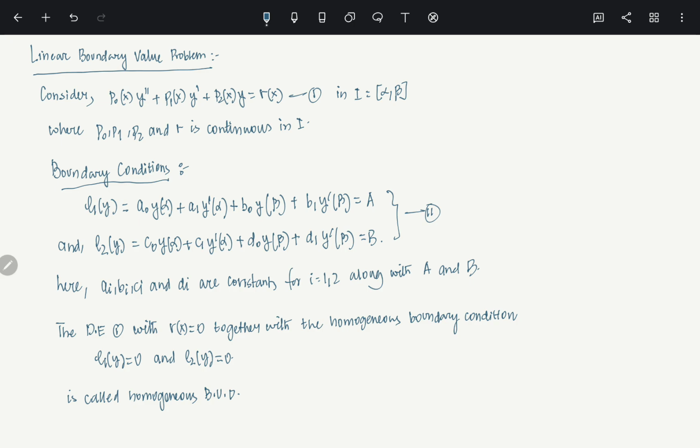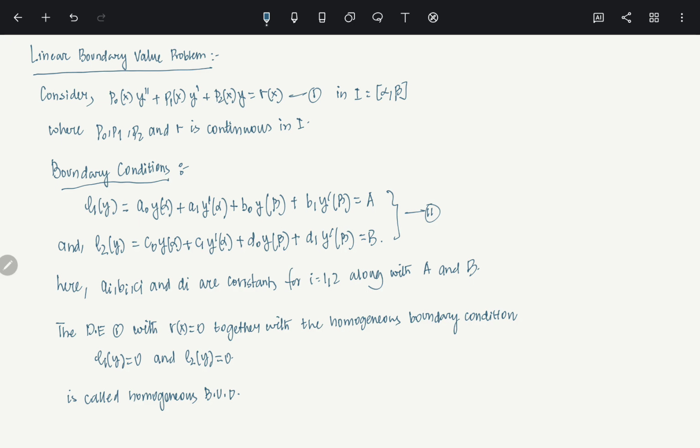The thing is, if p naught is taking 0 somewhere, at that point y double prime basically does not exist anymore. There's an x naught where p naught is 0, so for that x naught the first term itself is not there. So this problem ceases to be a second order equation and there is an issue there. We do not want that to happen.